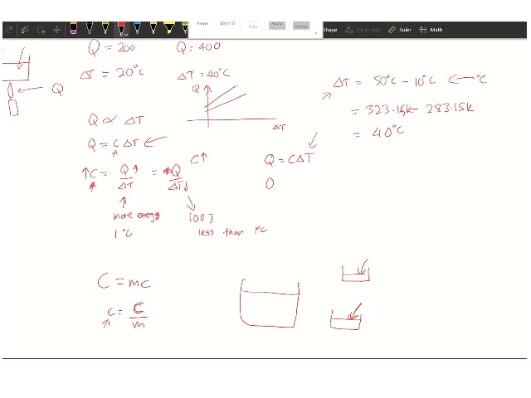So this equation, Q, can be written as, because just now I wrote big C, capital C, this one should not be capital anymore, Q equals c m del T. So the unit will be different. To know the unit, just rearrange this equation, Q over m del T. So you have joule over kilogram, then temperature in Kelvin to the power of negative one, although the temperature can be in Celsius as well.